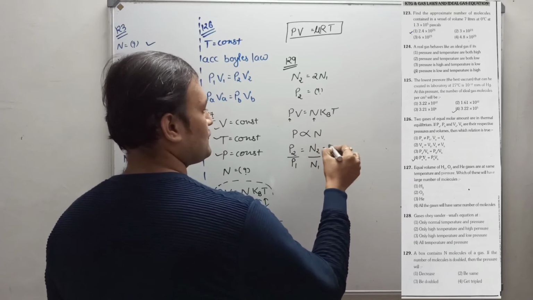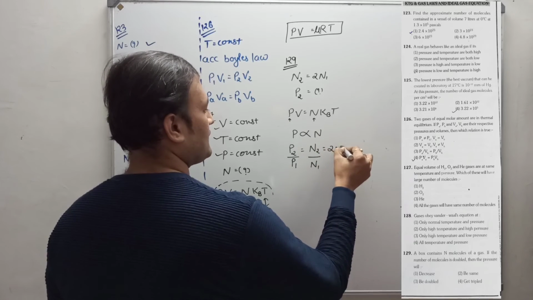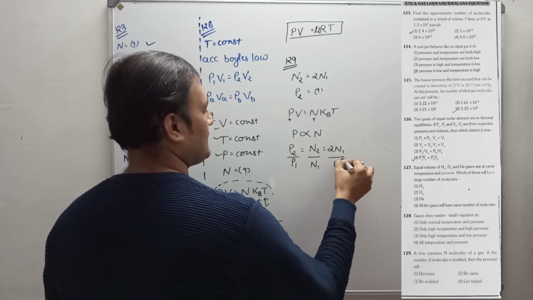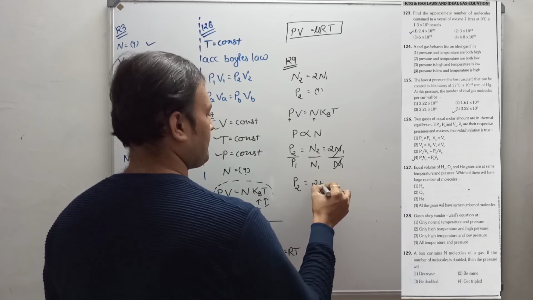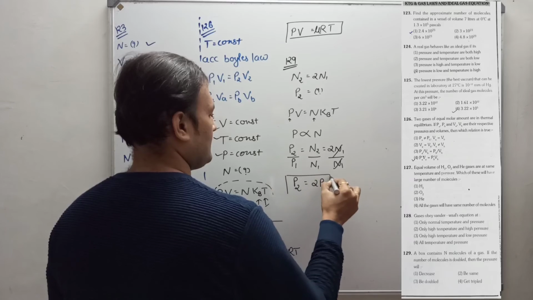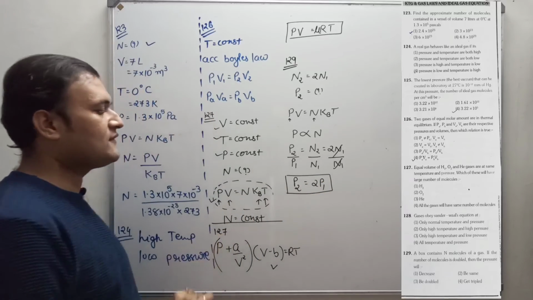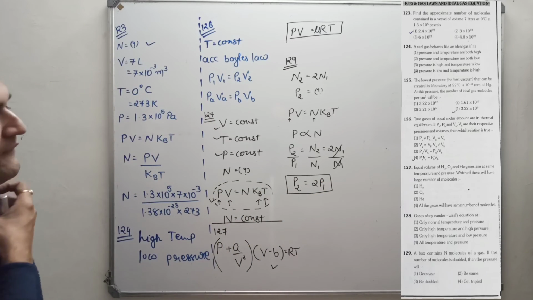N2 is 2 N1 upon N1. So P2 is equal to 2 P1.